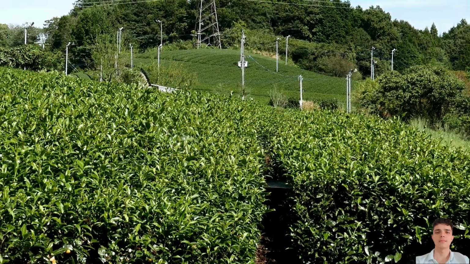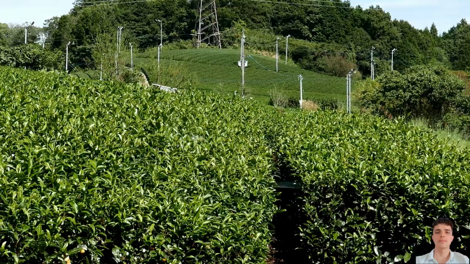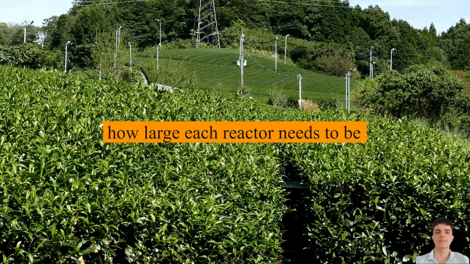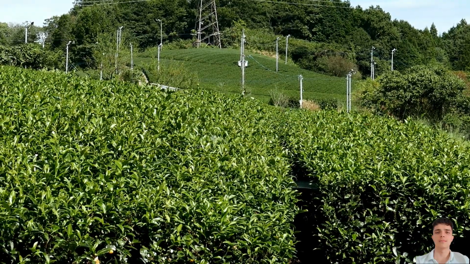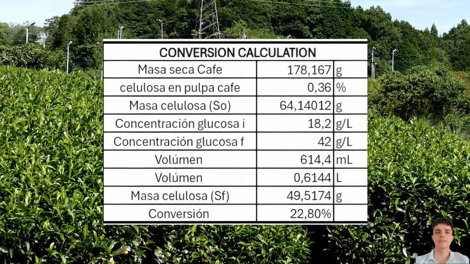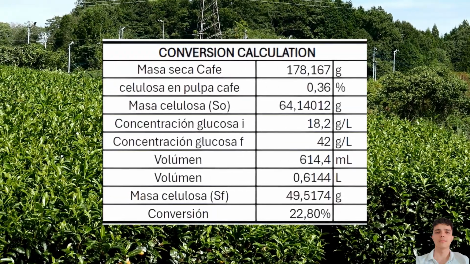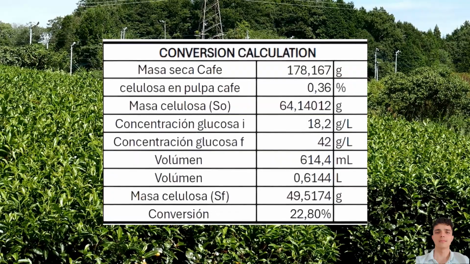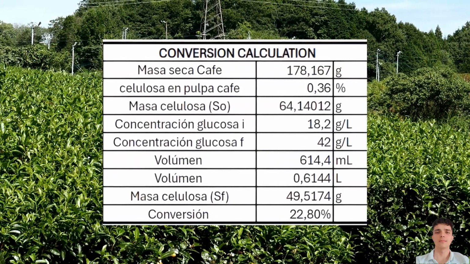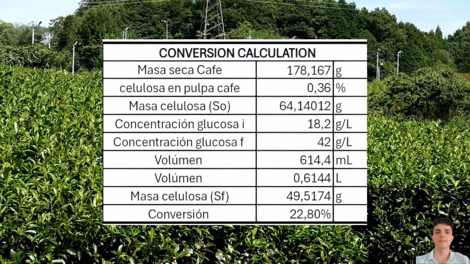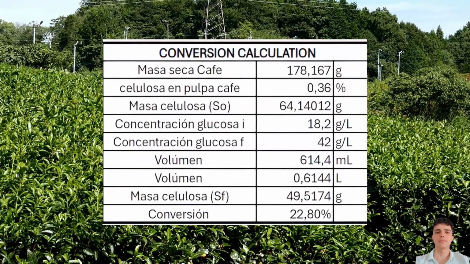These values describe how the enzyme behaves and determine how large each reactor needs to be. We tested inhibition models with statistics, confirming the Michaelis-Menten model without inhibition was the most accurate and consistent for design.